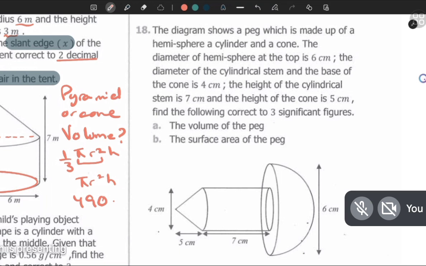Did you understand the question? Yes, sir, it's similar to the previous one. So, what is your plan of action? What will you do?